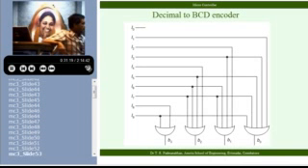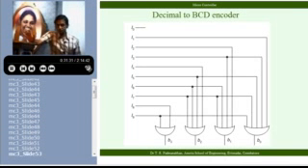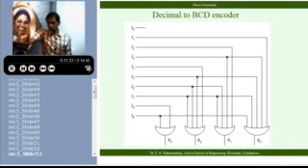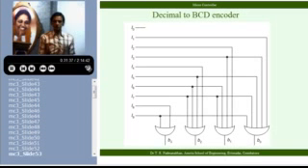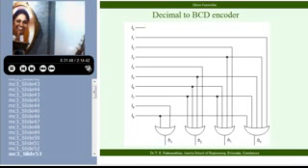Now the next is, if I get a digit 0, 1, 2, 3, can I get the corresponding B0, B1, B2, B3? Maybe it's a hypothetical question now. I want a digit, the digit can have any value from 0 to 9. For that digit, can I get the equivalent BCD value? The equivalent BCD, if I put it in the form of a table, will look like this.